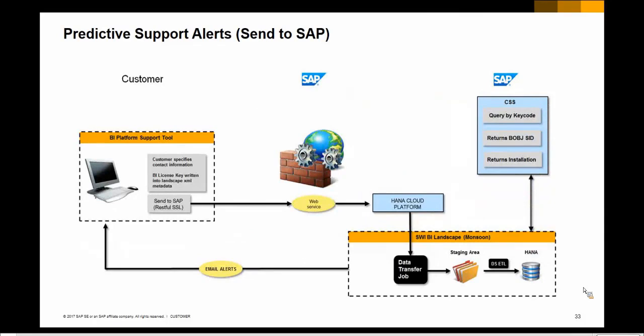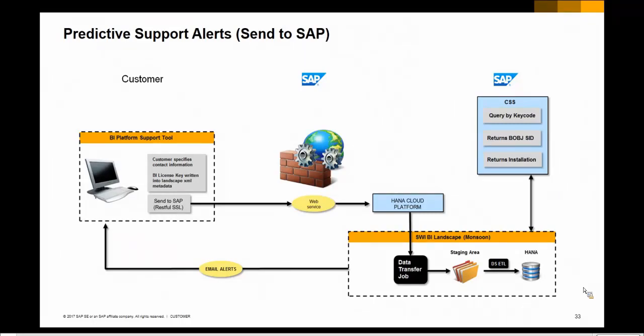So this is what the system architecture looks like. From the client, you connect to SAP over a web service to the HANA Cloud platform. We have a new service at SAP called Support Documents, which is a cloud platform that allows customers to safely upload documents.